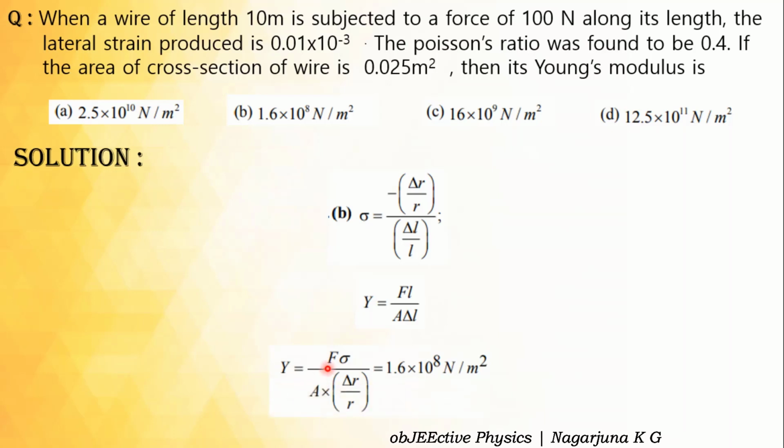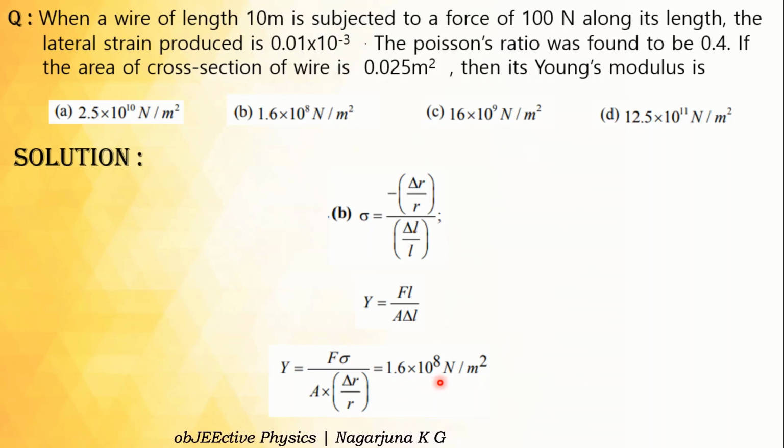Therefore, by substituting delta L by L from the above, we will get Y is equal to F into sigma divided by A into delta R by R. By substituting the given values in the question, we will get 1.6 into 10 power 8 Newton per meter square. That is, option B is the right option.